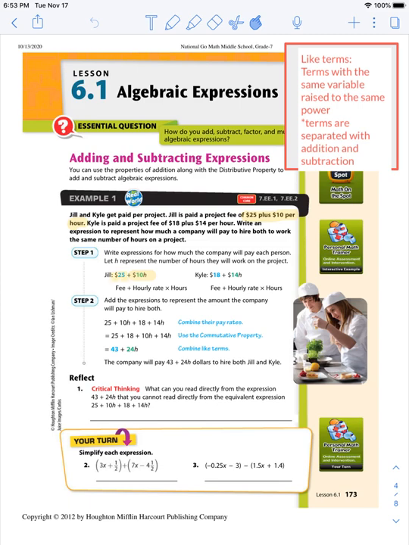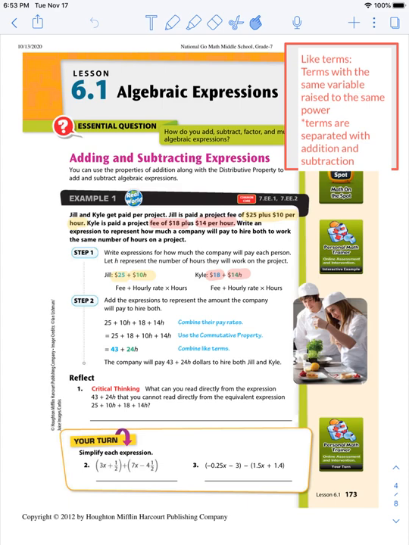And then we're going to add 25 for her project fee, because 25 doesn't depend on a variable, it's just $25. Kyle gets $18 plus 14 per hour. So his $18 fee does not have a variable, and then 14 per hour is going to be 14h.